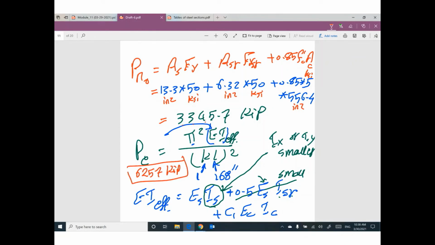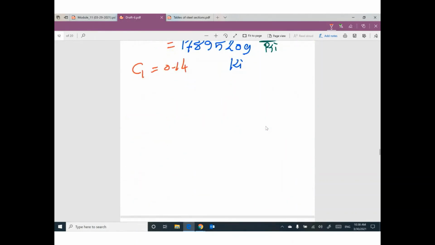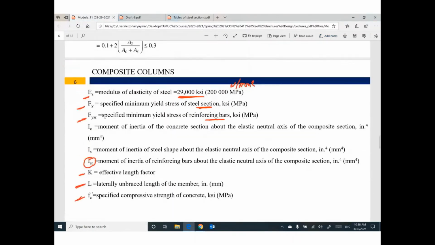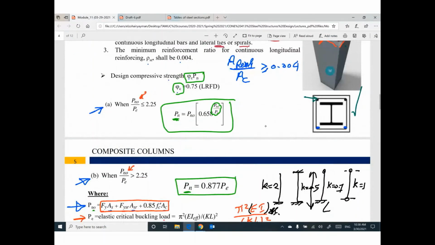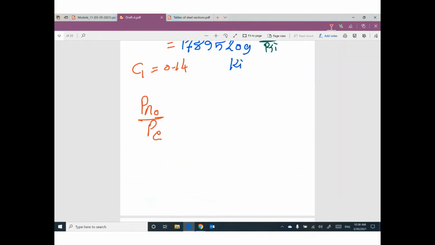And the P naught was 3,345.7. Why all of these calculations? Because we need to figure out the value of Pn naught divided by Pe. Do you remember? If Pn naught divided by Pe is smaller than or equal to 2.25, we are going to use this one.